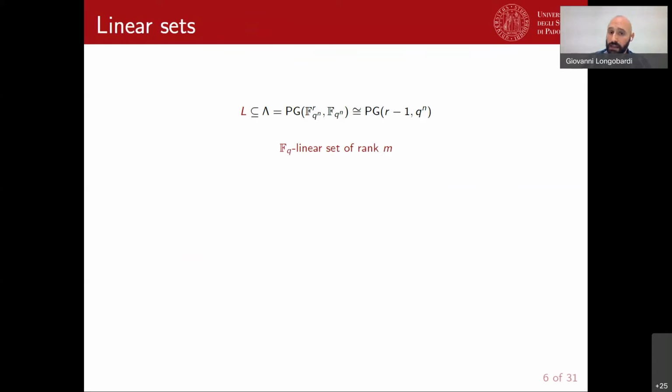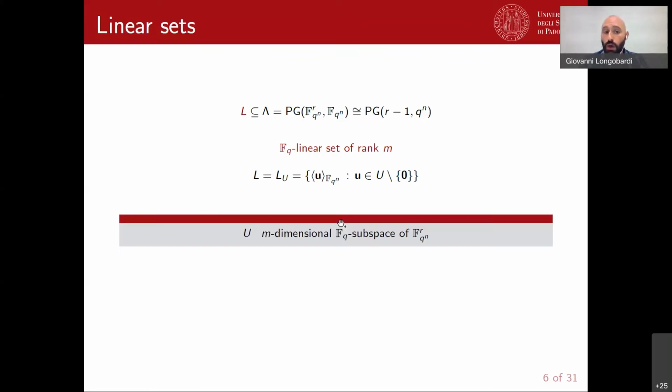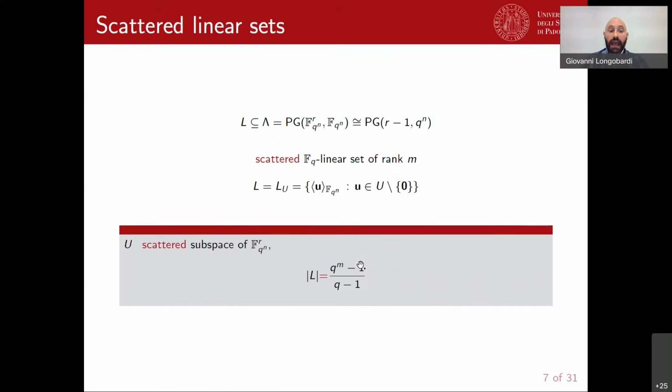A linear set is a subset of this projective space such that the vectors are all in the same vector space U, an m-dimensional F_q-vector space, and for this reason the linear set has rank m. It is very simple to see that the size of L is at most this number. If U is scattered, the size of L is exactly this number.